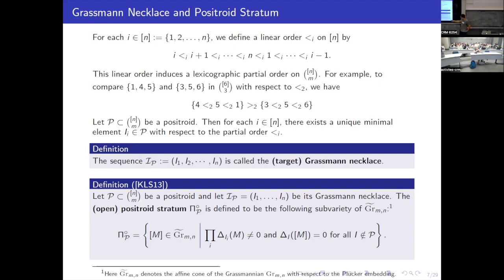I require that if the index set is not in the positroid, I want the Plücker coordinate to be 0. But in addition to that, I also want the things in the Grassmann necklace to be non-zero. Okay, so that's the positroid stratum. You should think of these as frozen coordinates for cluster people, right? So you want the frozen ones to be non-zero.